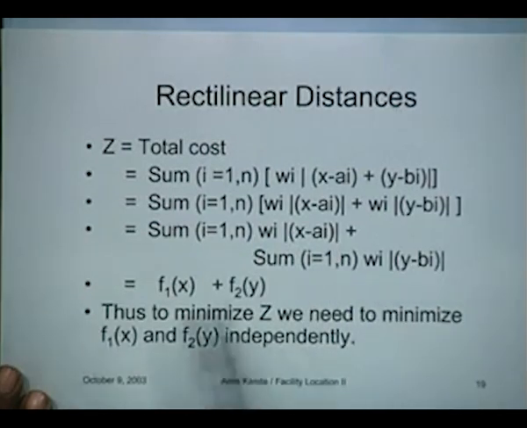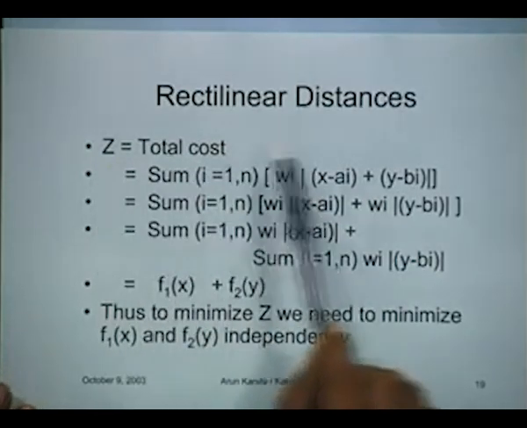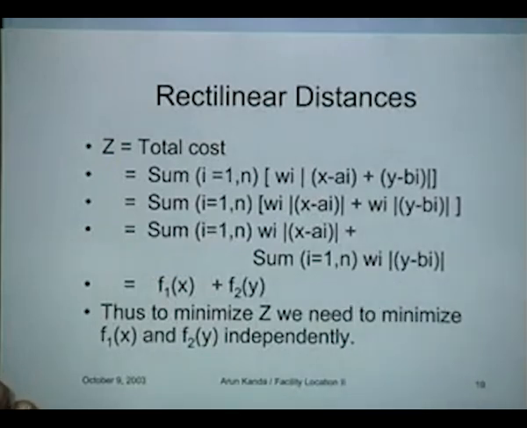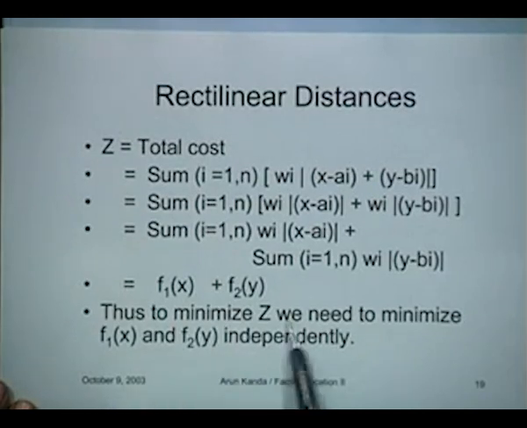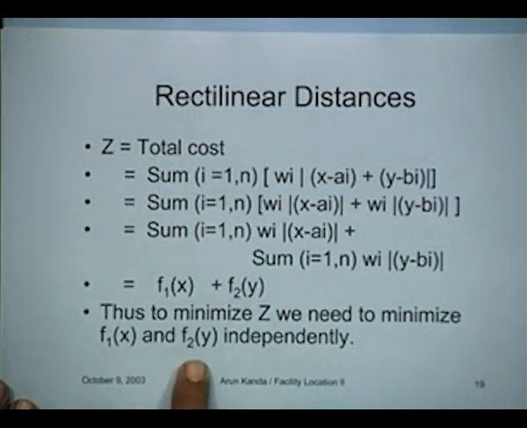And the interesting thing here is that this is a function of x alone and this is a function of y alone. So, in the problem of rectilinear distances, if you want to minimize z, you have to minimize f1(x) and f2(y) independently. That means the optimum location for the rectilinear distance location problem is determined simply by independently minimizing f1(x) and f2(y).